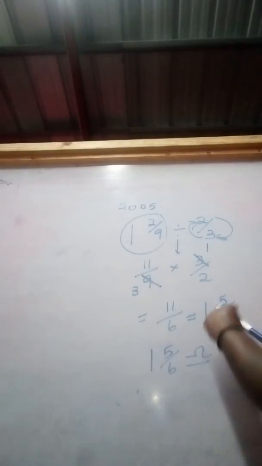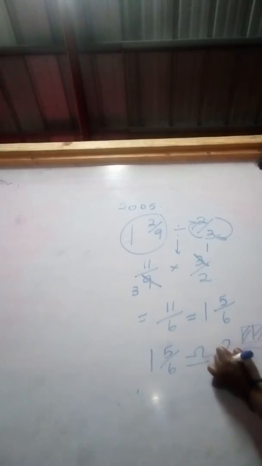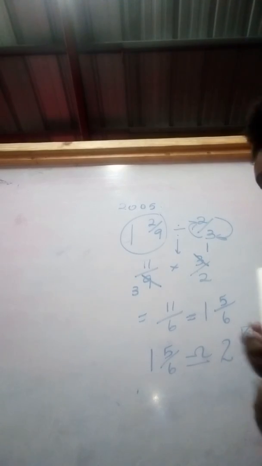We have 1 whole and 5/6. We have 5 out of the 6 parts. 1 2 3 4 5 6. So this 5/6 is close to the whole, so therefore it's approximating to 2, right?